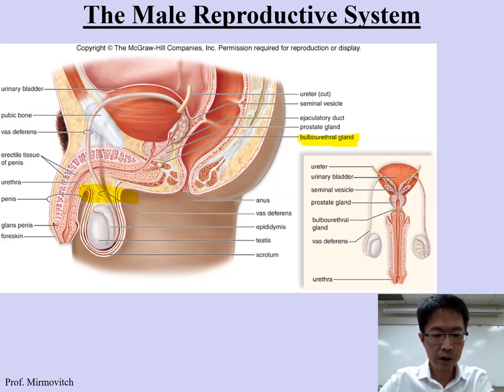You have some smooth muscle here that you need to memorize, and this is the so-called anterior view. This one is the anterior view. This is the mid-sagittal section.